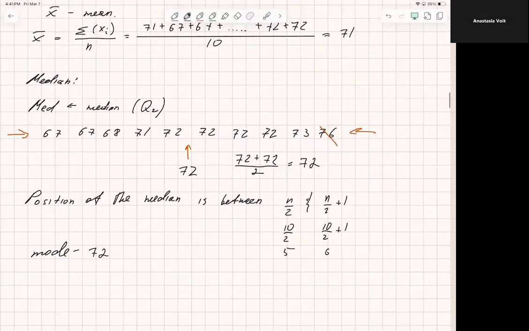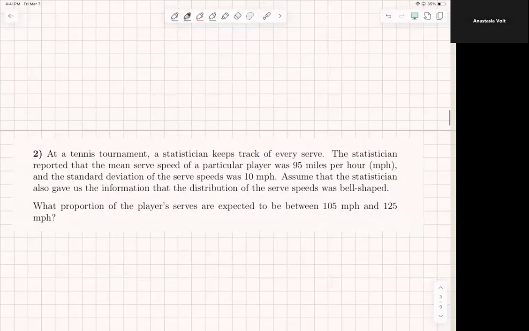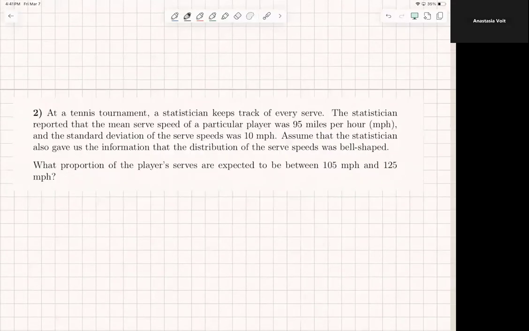Okay. Next question is, at a tennis tournament, a statistician keeps track of every serve. The statistician reported that the mean serve speed of a particular player was 95 miles per hour, and the standard deviation of the serve speeds was 10 miles per hour.